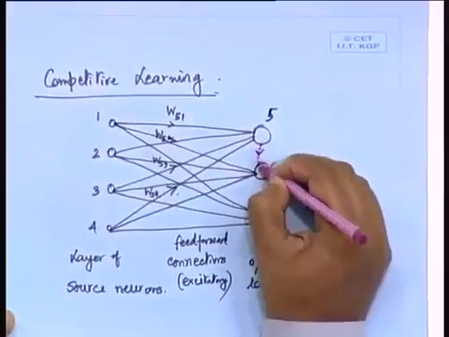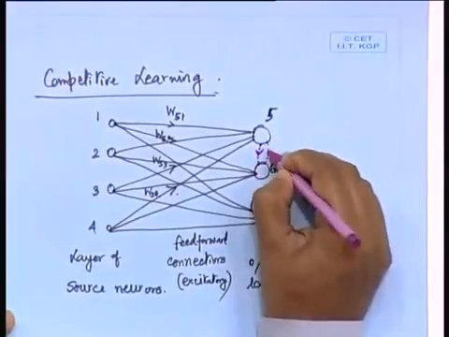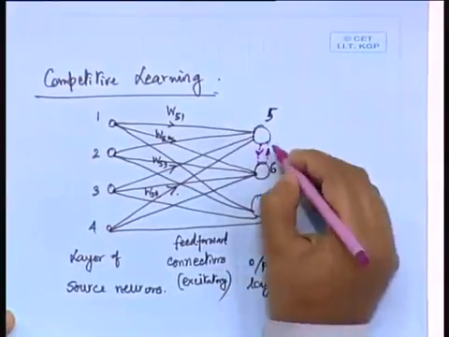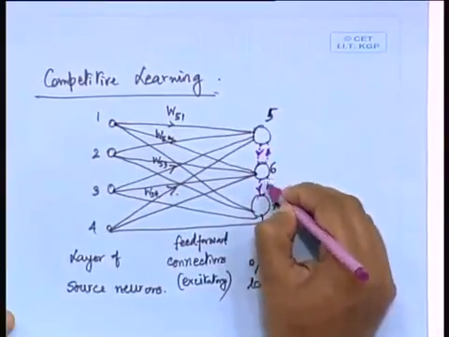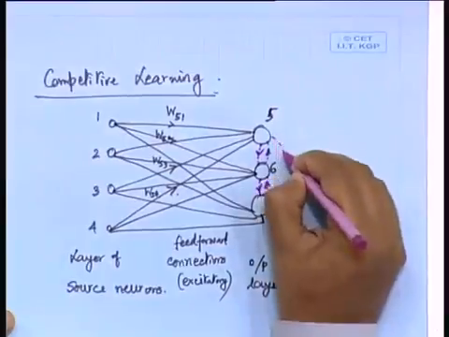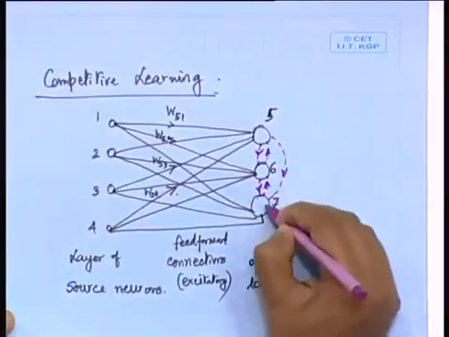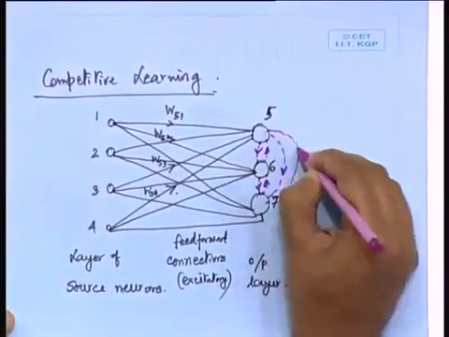So, 5 is connected to 6, 6 connected to 5, 6 connected to 7, 7 connected to 6, 5 connected to 7, 7 connected to 5.